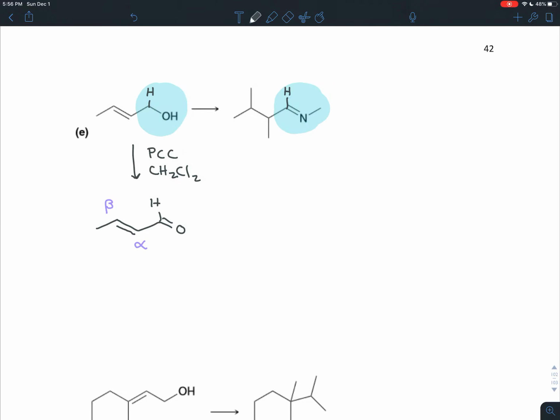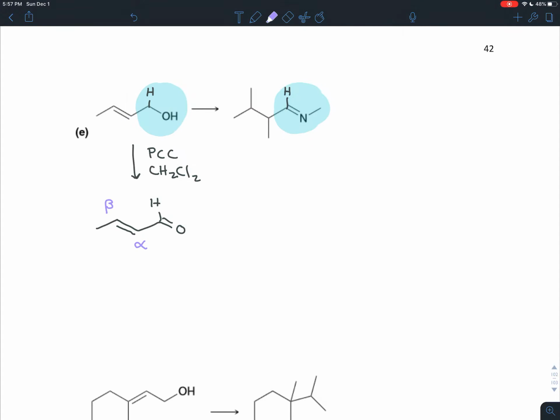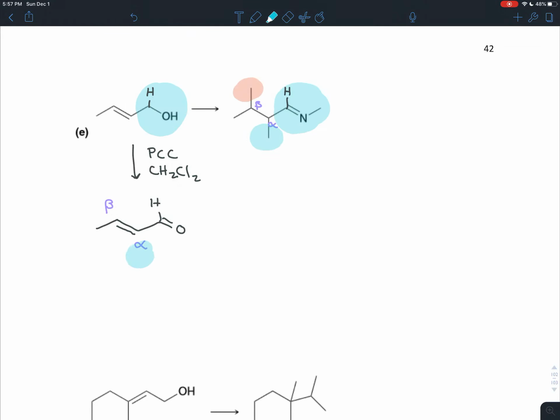And that is exciting because we notice that these alpha and beta carbons are alkylated. We have a methyl group added to the beta carbon, and we have another methyl group added to the alpha carbon.